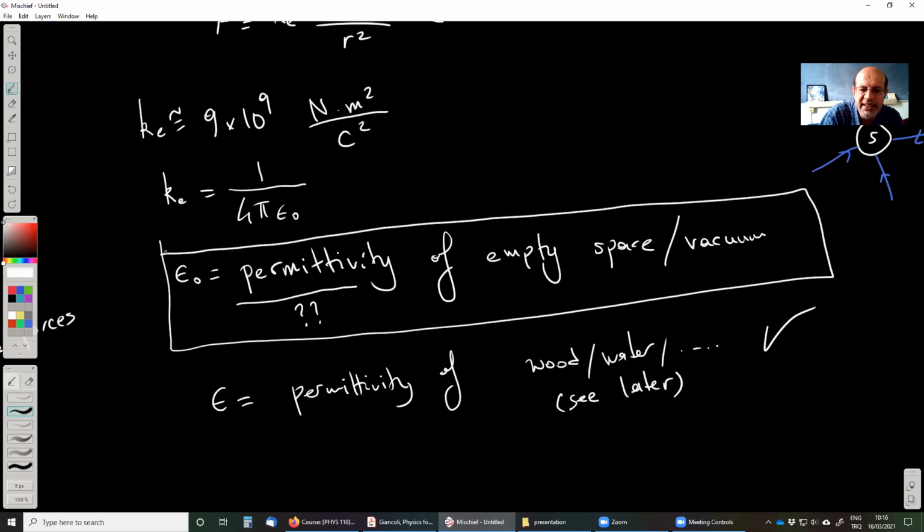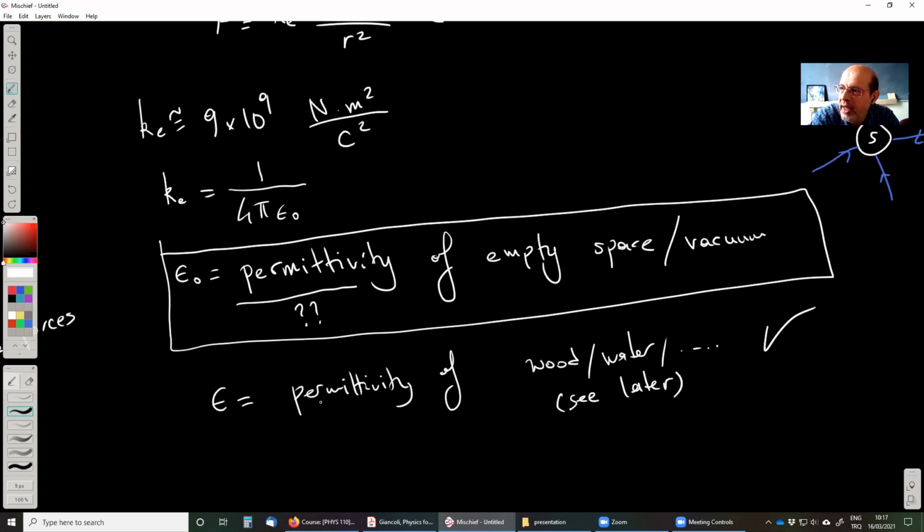we will be using this epsilon zero all the time, and we are just going to call it the permittivity of the empty space, okay? So the fundamental constant is expressed like that. I think epsilon zero has some value, but I cannot write it down from memory.